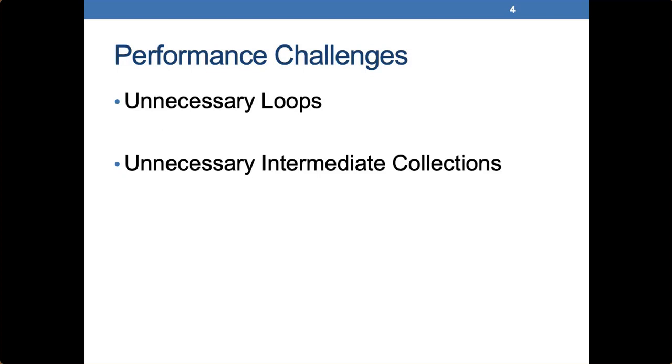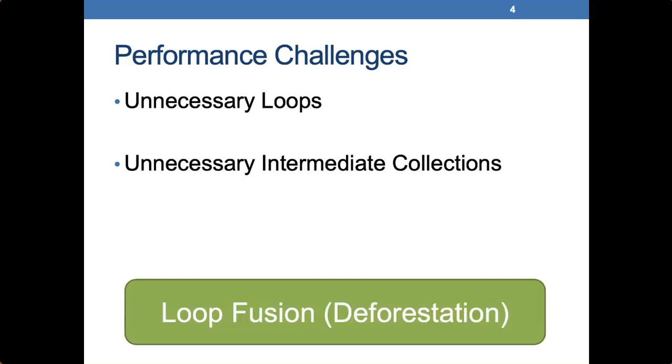And also, many of them are going to transform the collection into another collection. And if we are not careful about that, then it's going to lead to many unnecessary intermediate collections. And to resolve this, the compilers and functional language community have worked on the loop fusion or the deforestation technique to get rid of them.